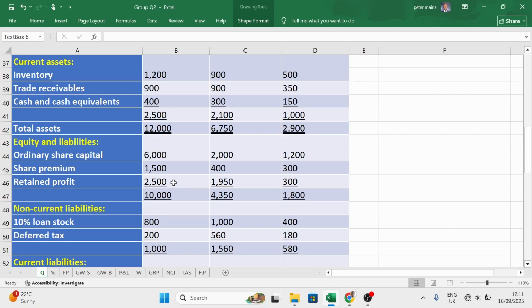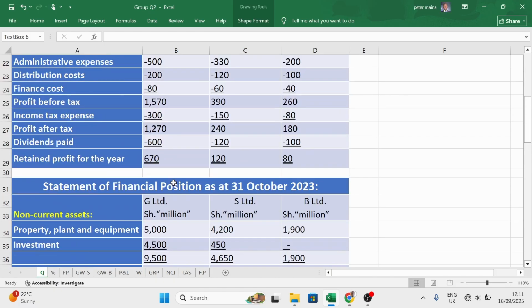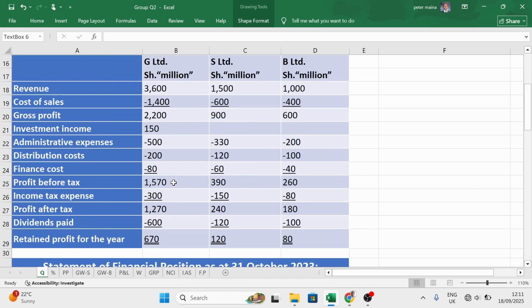This retained profit is as at the end of this year. It includes profit for the current year. If we deduct profit for the current year, we are going to be left with profit as at the beginning of the year. So how much profit did the parent make in the current year, which was retained after everything was paid? So retained profit for the year was 670 for the parent.